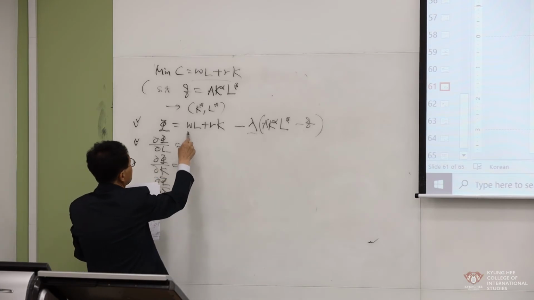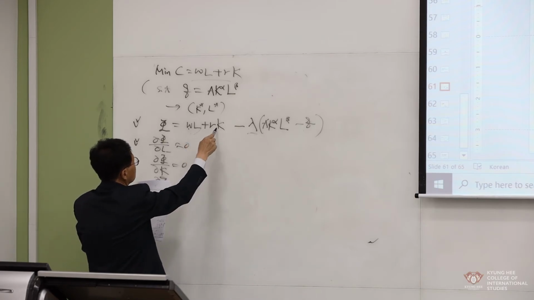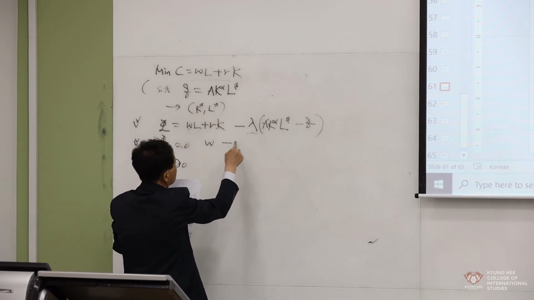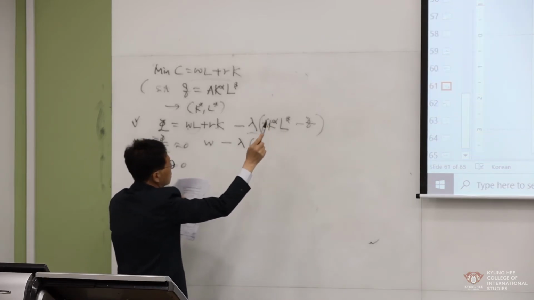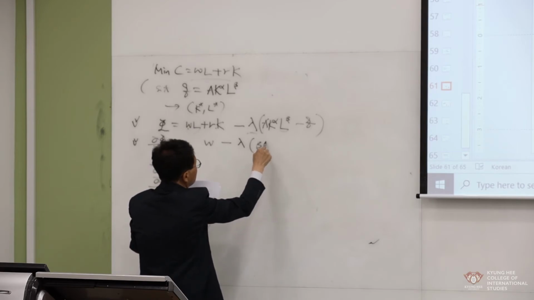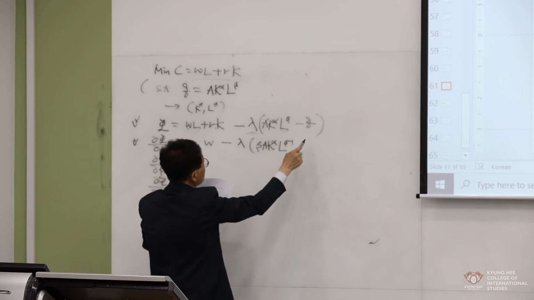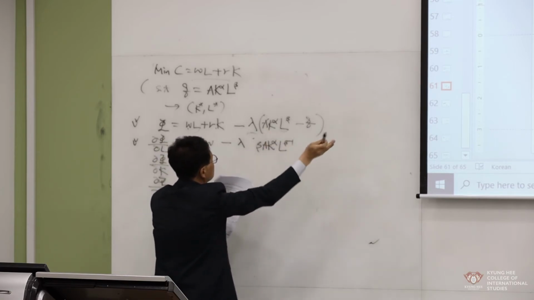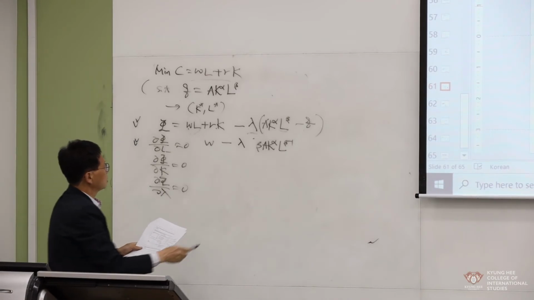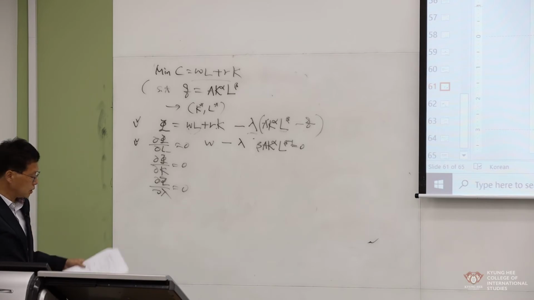Then W is the only thing left. This one disappeared. Minus lambda, and only this one is variable, so beta A K alpha L beta minus 1 is left. This one is just a constant number, so it disappeared. This one should be equal to 0.